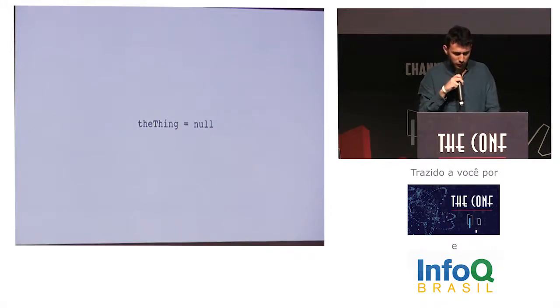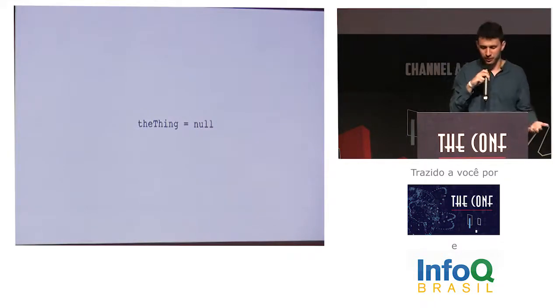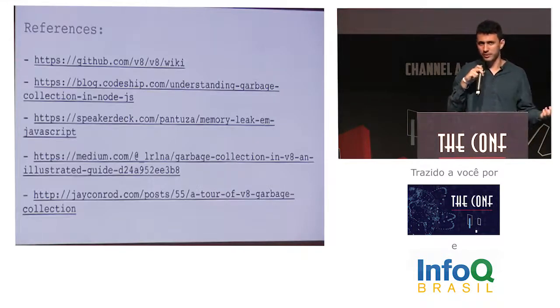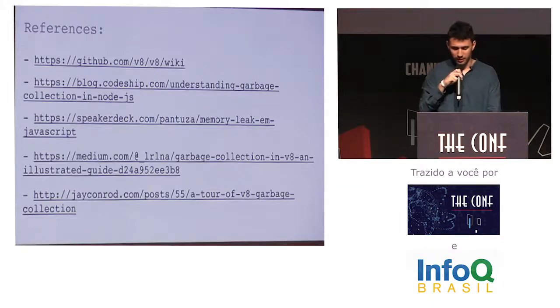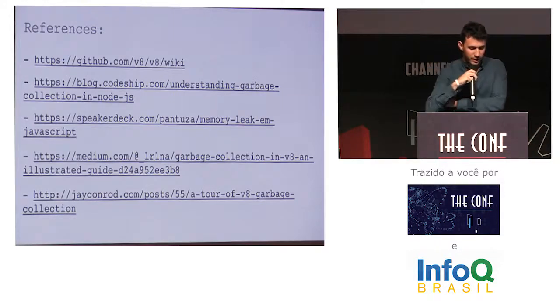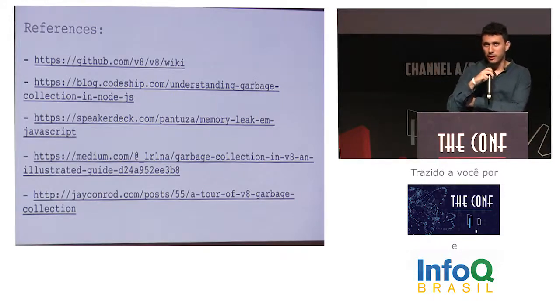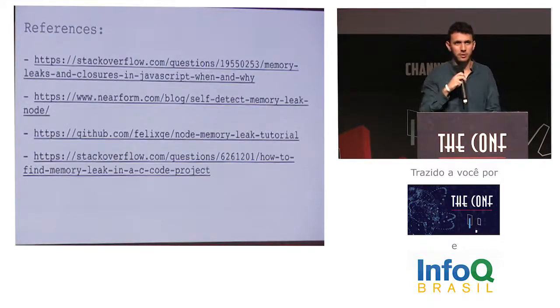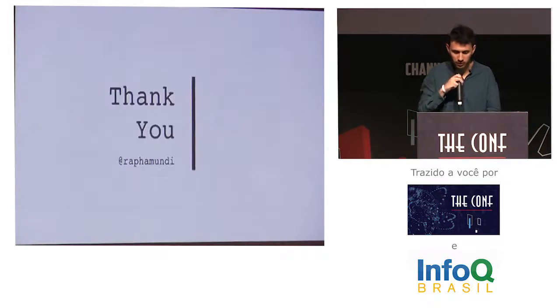But the useful tip that I can say is to put null at the end of things. It's like all your days are saved, and this is the reference from these brilliant guys. There's a link for the V8 website there. I recommend it a lot to understand these complex concepts.